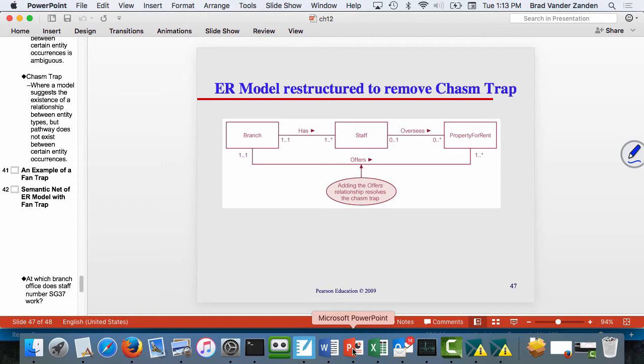Demi, it looks like you had a question. Could you solve that by breaking each of the relations down into simpler ones? But that's pretty simple. You have a property for rent that is managed by a staff member. I don't think you could get much simpler.